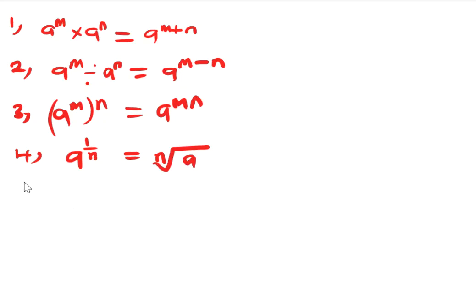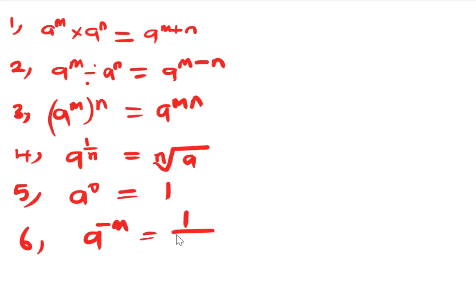Then the fifth one is that anything raised to power 0 is equal to 1. And the last one, if I have a raised to power minus m, is the same thing as 1 divided by a raised to power m.